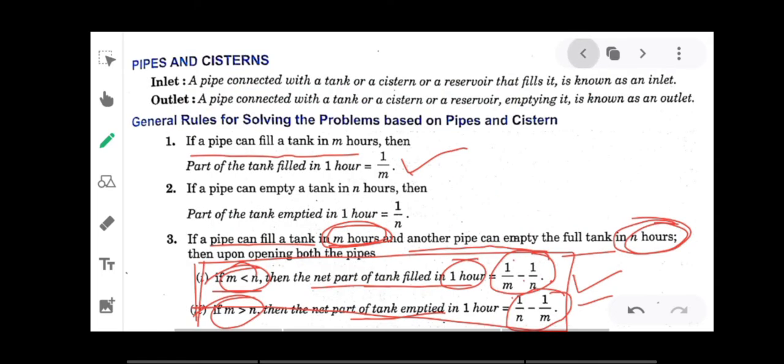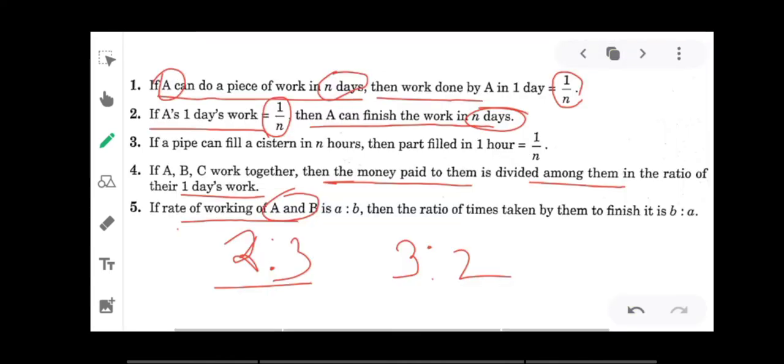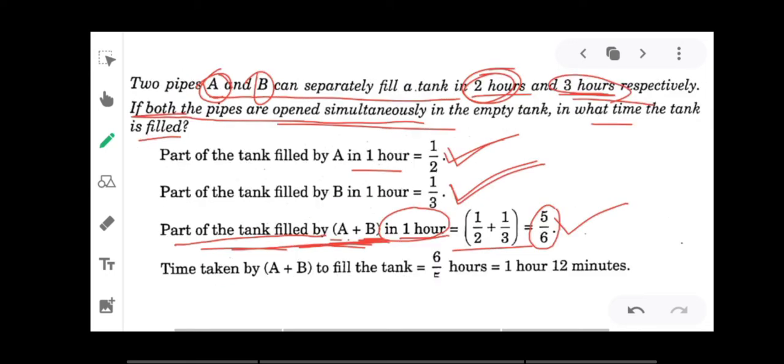Now if both A and B can fill 5 upon 6 of the tank in 1 hour, then the time taken by them will be the reciprocal of this, that means 6 upon 5. Time taken by A and B to fill the tank equals 6 by 5 hours.